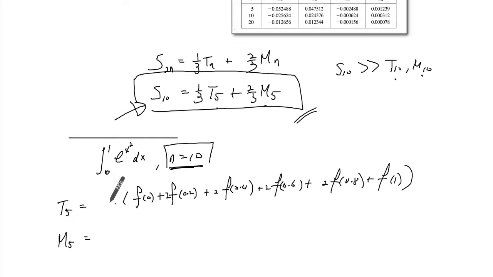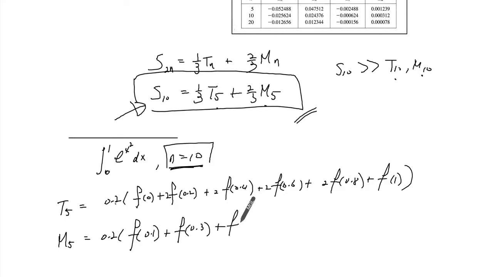Okay, so this is 0.2. And for the midpoint, it's going to be 0.2, and we're going to start at 0.1, and we're going to add 0.2 to that, so 0.3, 0.5, 0.7, 0.9.